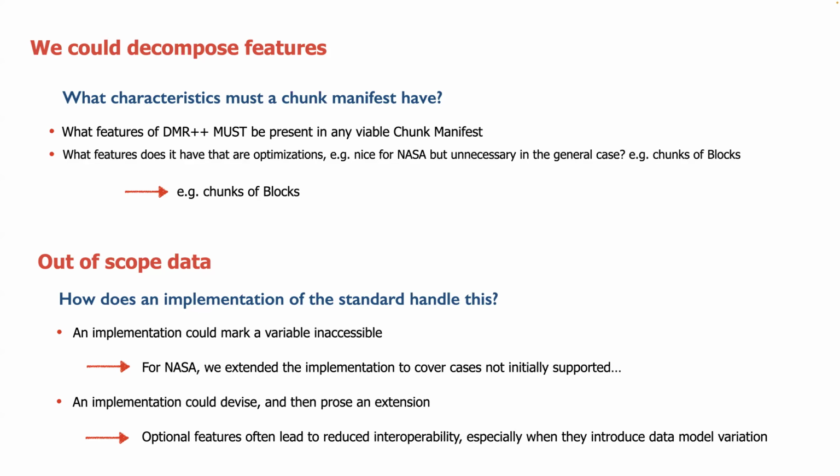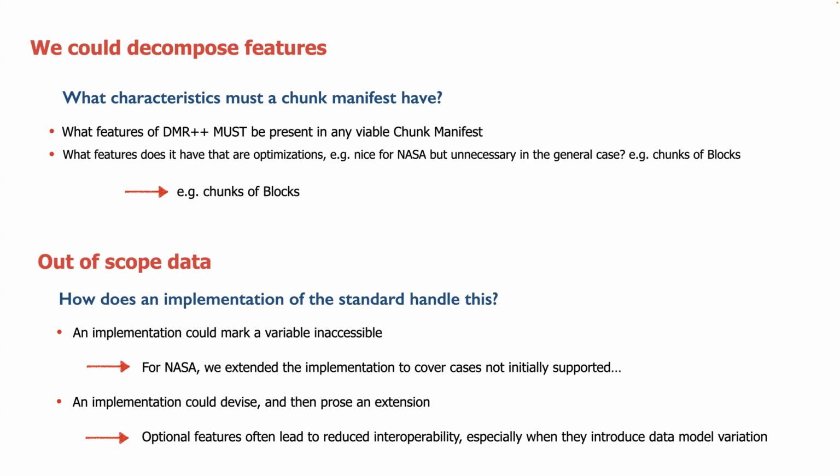The problem is that optional features have a tendency to make standards less interoperable, even though the idea is it's supposed to broaden the scope of things that you describe. Oftentimes it doesn't work out that way, especially when they introduce new data models. So if the data model stays the same, but it's got some obscure quirk, that's fine.